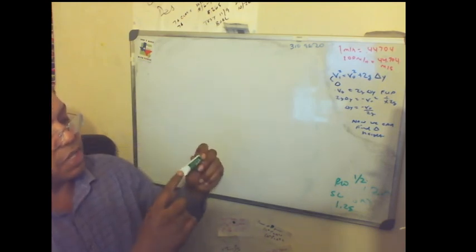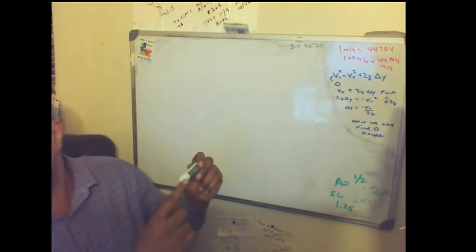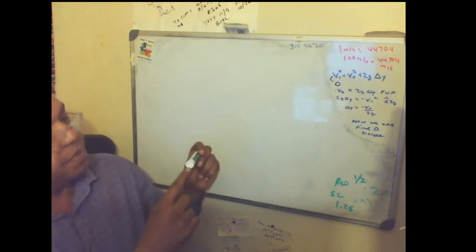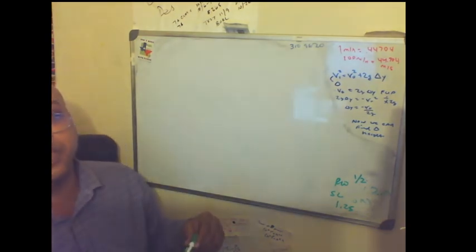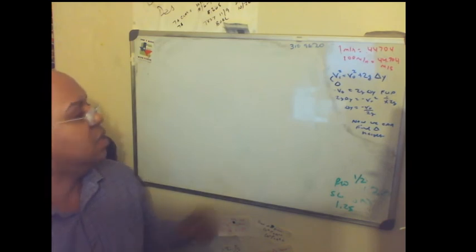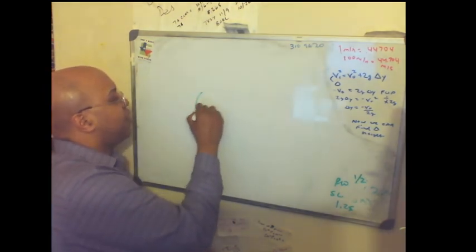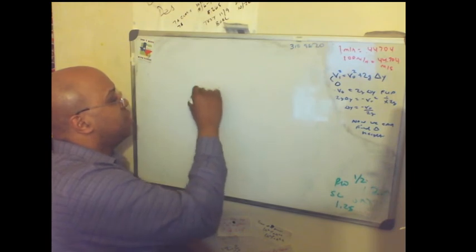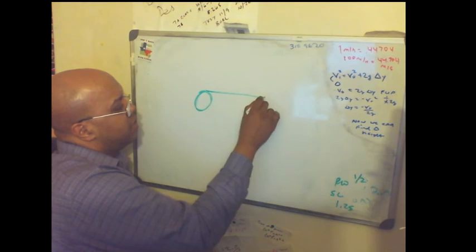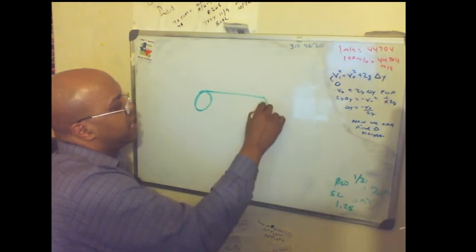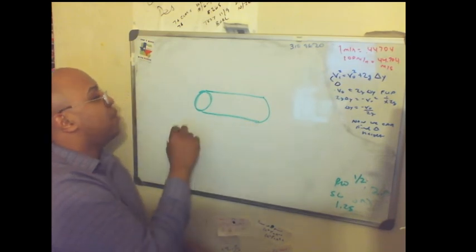So when we talk about the volume of the cylinder, we're talking about the area of a circle and height, or the length of something. So let's take one of those pipes. Let's say we had that 3-inch pipe, and let's take into account the volume of both of those pipes, because one pipe was longer than another.